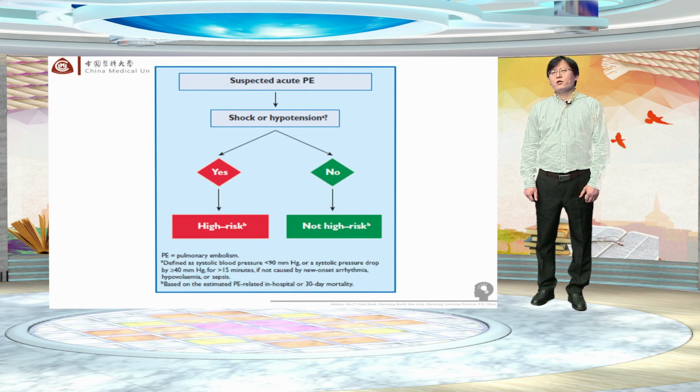After the diagnosis, we need to stratify this patient. If the patient has shock or hypotension, then we classify this patient as a high-risk patient. If not, then we classify this patient as a non-high-risk patient.